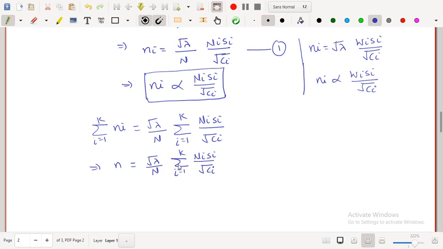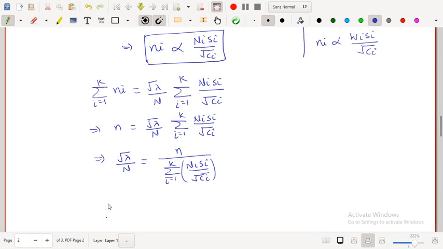Now if we send this quantity to the other side, we get the value of root lambda upon n. This will be n upon summation i running from 1 to k NiSi upon root of Ci. After putting this value of root lambda upon n in equation number 1, we will get the value of ni.